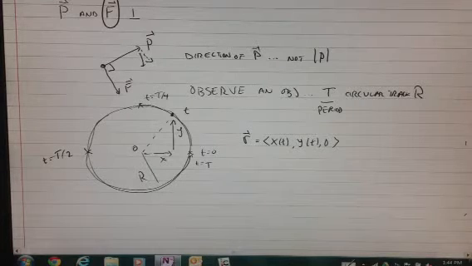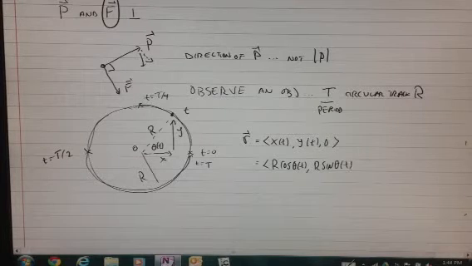So at the time t, I've got this angle theta of t. I don't know what that angle is yet, but I'll find it out. If that angle is theta, and r is the radius of the circle, then this is equal to r cosine theta of t, r sine theta of t, and 0, because I'm still not moving in the z direction.